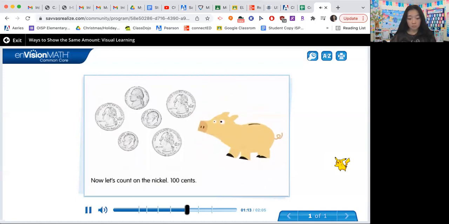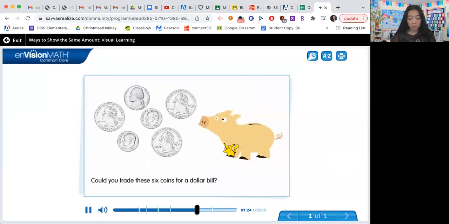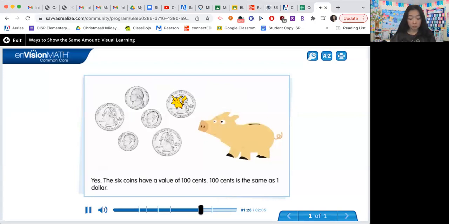Now let's count on the nickel. 100 cents. $1 equals 100 cents. Could you trade these 6 coins for a dollar bill? Yes, the 6 coins have a value of 100 cents. 100 cents is the same as $1.